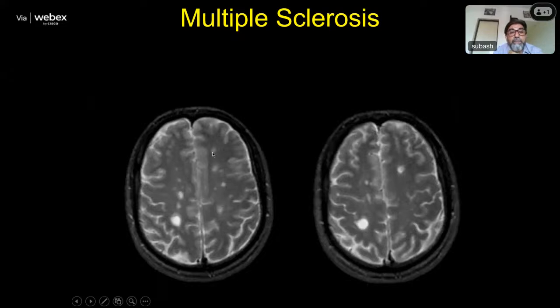You can see these different hyperintense bright lesions in the brain. This is a typical appearance of multiple sclerosis, a disease which doesn't have any cure. It's a degenerative disease which increases with age and with time.